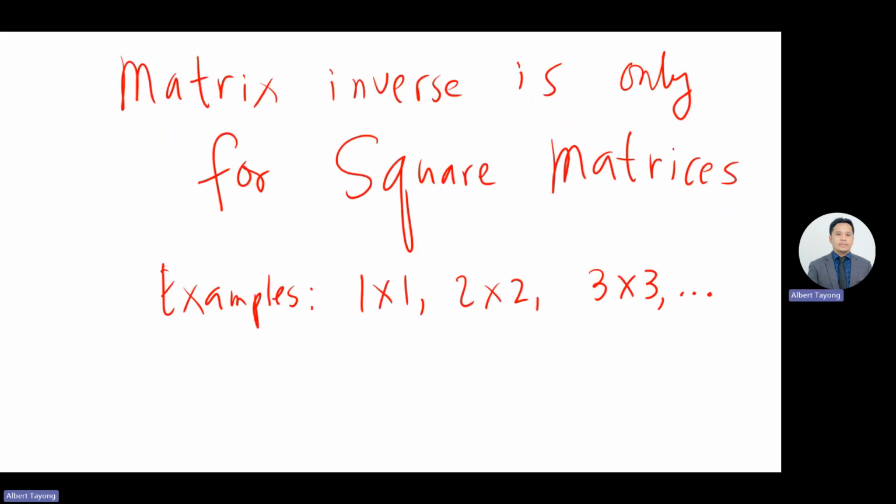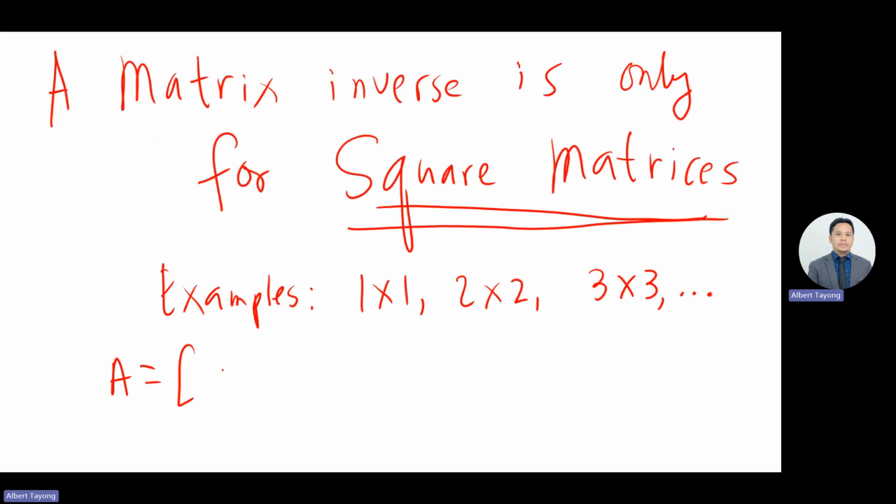Now, it should be noted that a matrix inverse is only applicable for square matrices. An example is 1 by 1, 2 by 2, 3 by 3, and so on. When I say square matrices, the number of columns is equal to the number of rows.